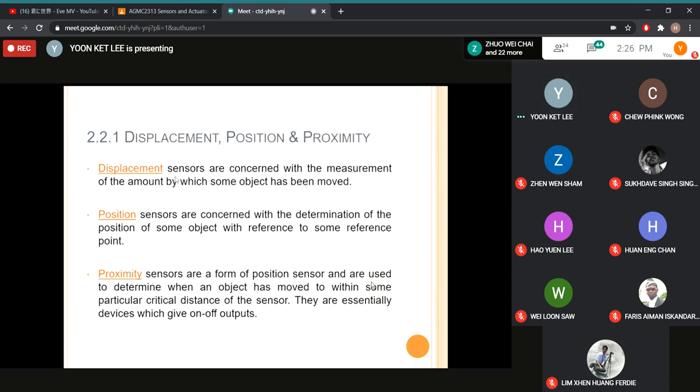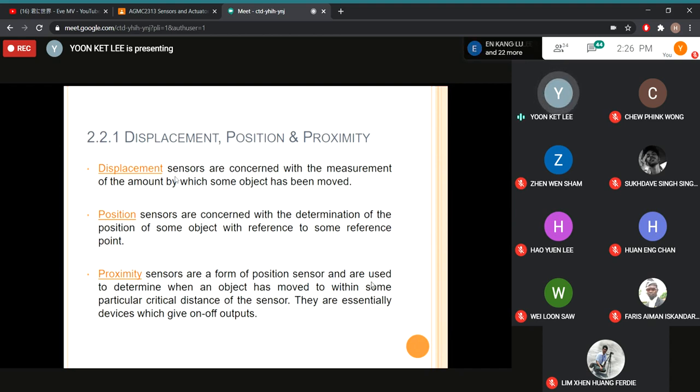So there are three terminologies you need to know before you start on the sensors. The first is displacement. Displacement sensors are concerned with measuring the amount by which some object has been moved. That means how far you move from one place to another place. This is what we call displacement.